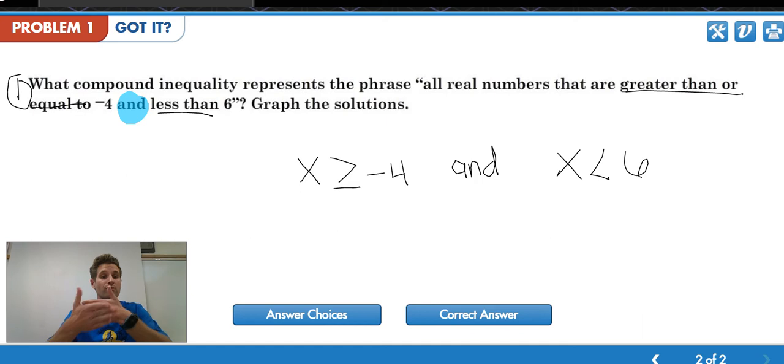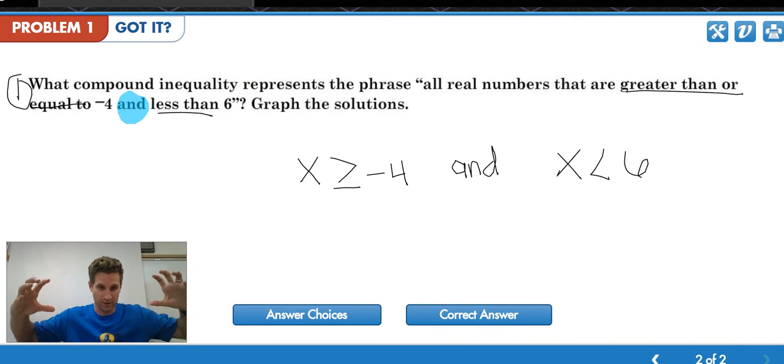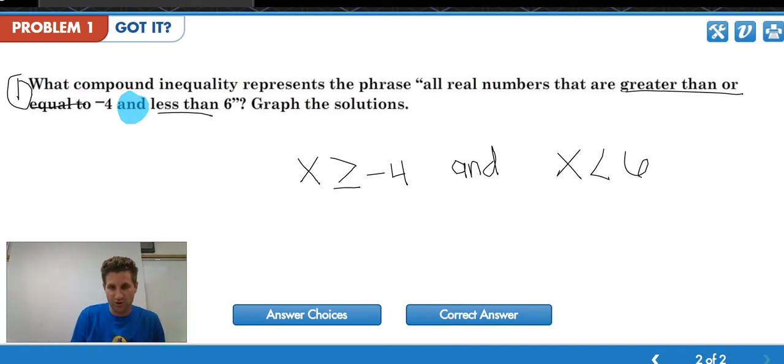Now we said overlap. So when we overlap, we can actually make this into a compound, meaning two different inequalities, and we can put it into one phrase. The way we do that is we put x in the middle, and we put our arrows just like this. So what is x smaller than? X is smaller than 6.